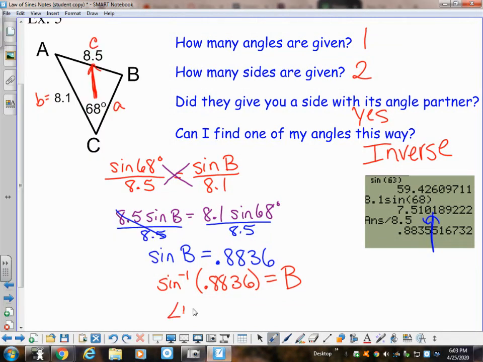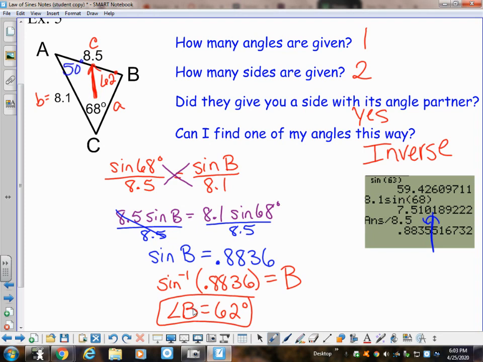So we have the angle B is 62 degrees. Look at that. All right, so now we have another angle. I'm going to go ahead and label it up here, 62 degrees. So now can we get angle A? Of course. We have 2 of them. So if we take 180 and subtract 68 and subtract 62, we end up with 50 degrees. So now I have angle A.